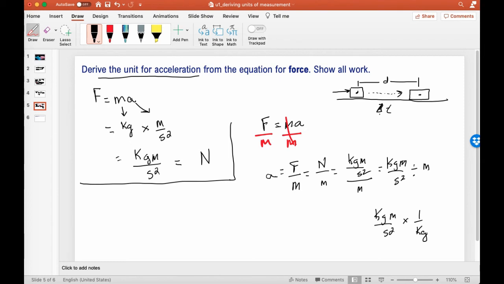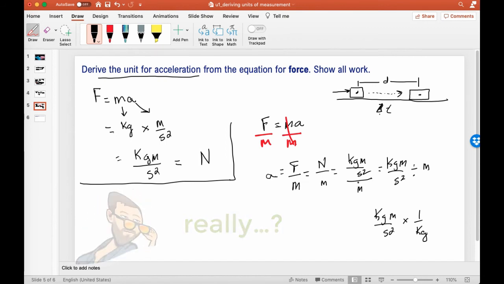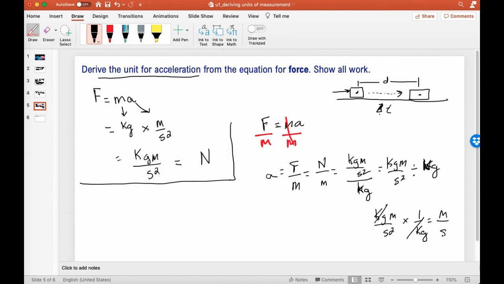I had technical difficulties for a second. If we know that this is mass as well, then we can go back and replace that with kilograms. And then we also have this right here with kilograms. So now notice kilograms crosses out, and we're left with meters per second squared.